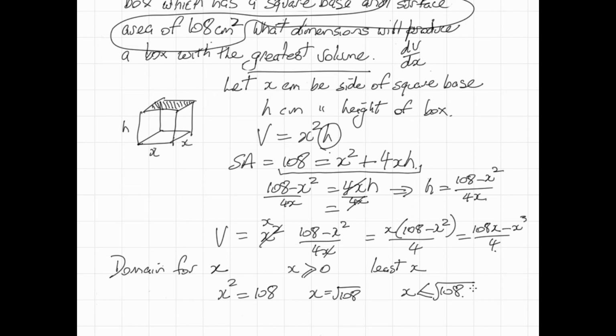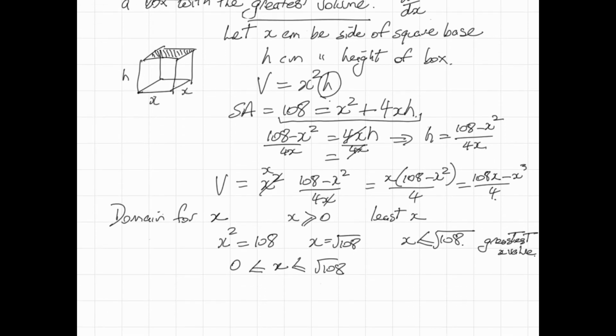This is the greatest value not of the volume, but of x. Least value, x equals 0. So in other words, x has got to be greater than or equal to 0 or less than or equal to the square root of 108. So that gives us our domain.